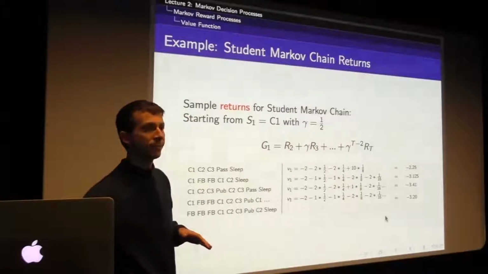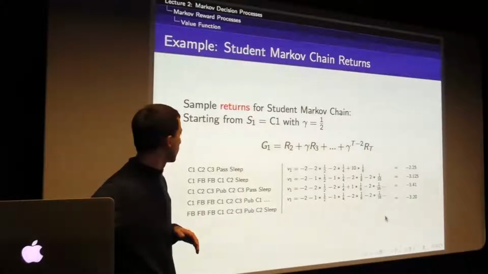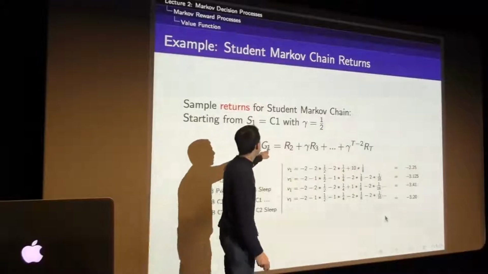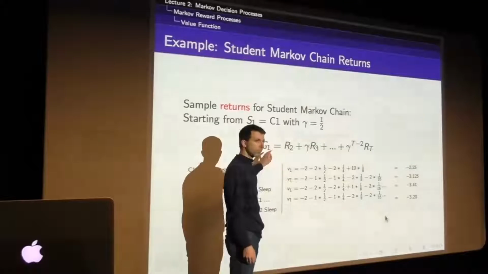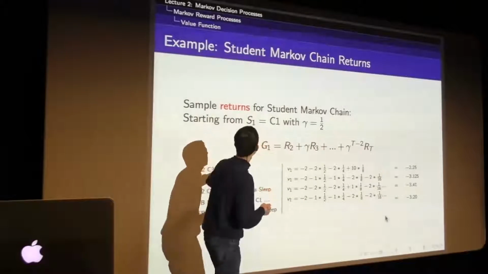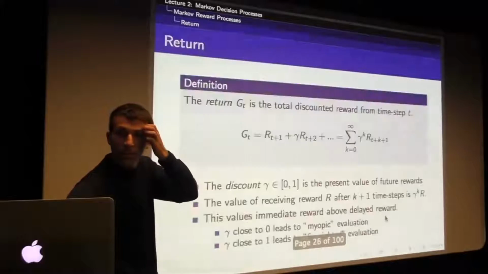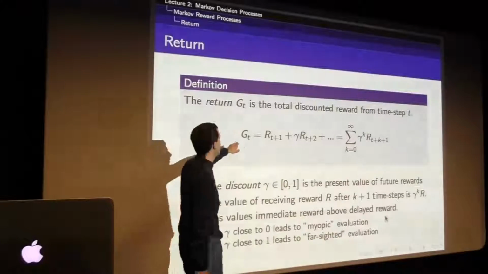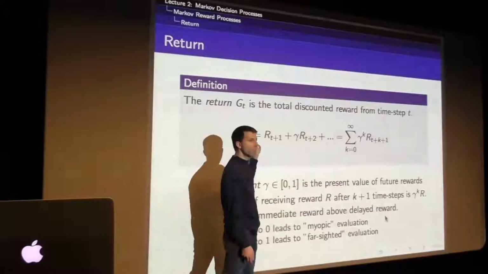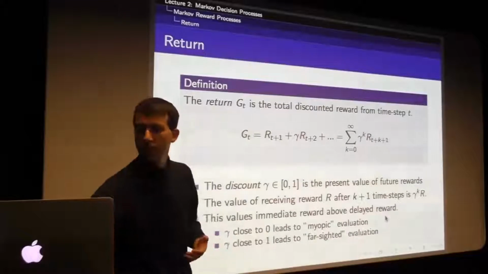Okay, is that clear? Why does G1 indicate that we start from state 1, say class 1? No, these subscripts are time steps. If we go back to the definition of return, the return starting at time step t is the rewards from that time step onwards. So now we're considering a bunch of different returns.